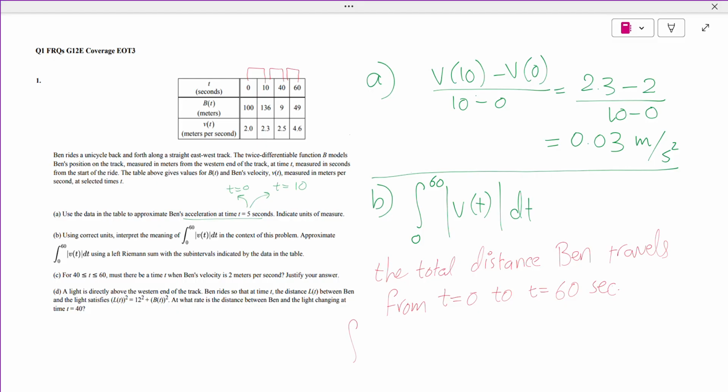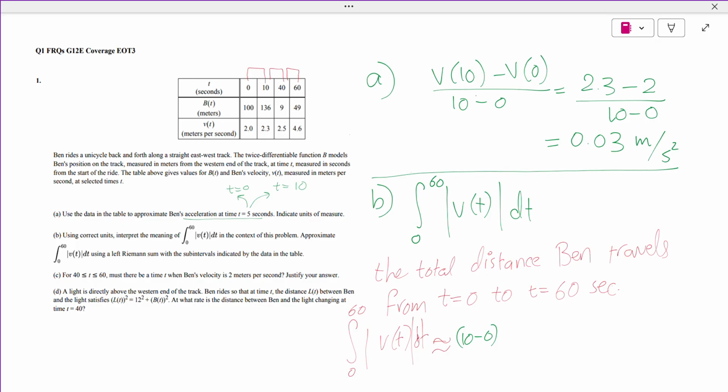So the integral from 0 to 60 of V of t dt is approximately what? The width of the first rectangle will be 10 minus 0 times the height, which will be the left endpoint.